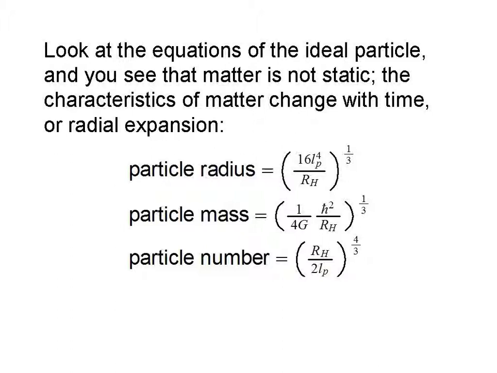The characteristics of matter change with time or radial expansion. We see the radius of the hyperverse is included in each of these quantities. So as the radius of the hyperverse gets larger, the particle radius is going to drop down. The particle mass will decrease, and the particle number will increase.